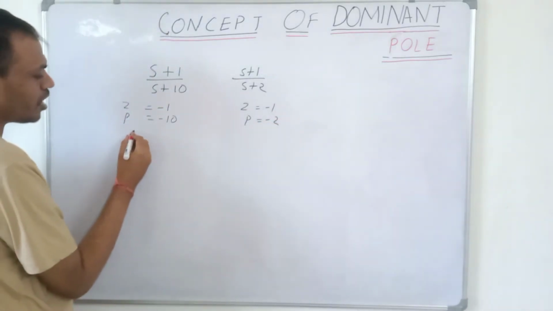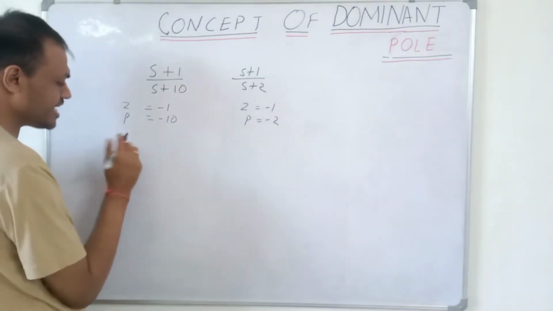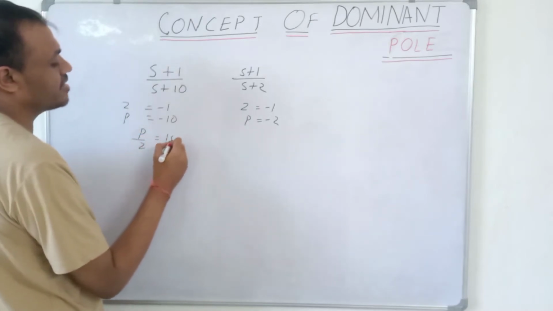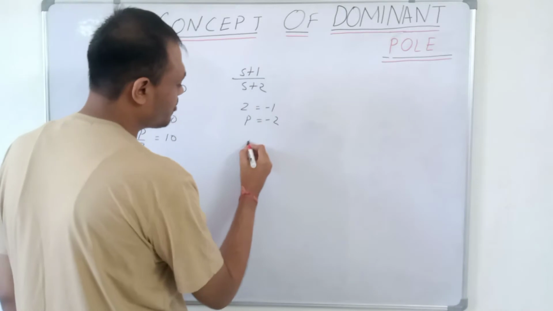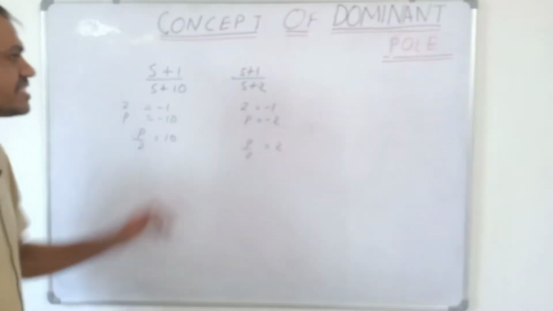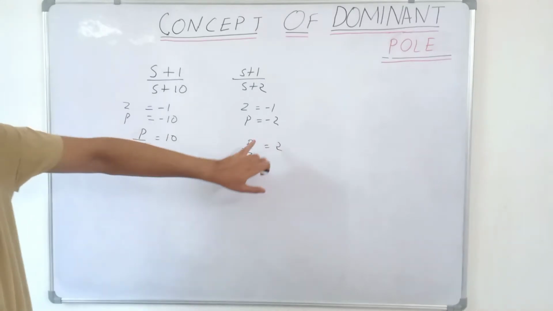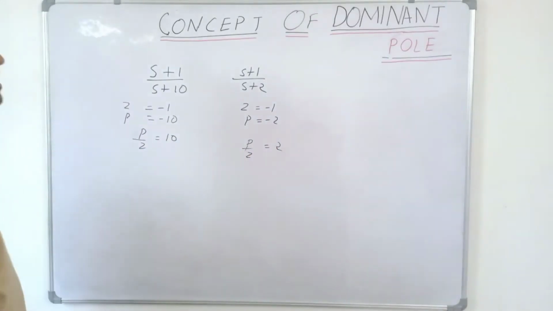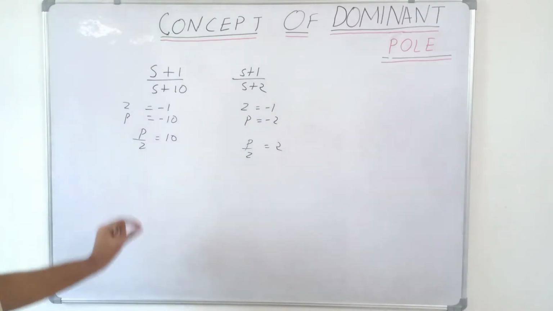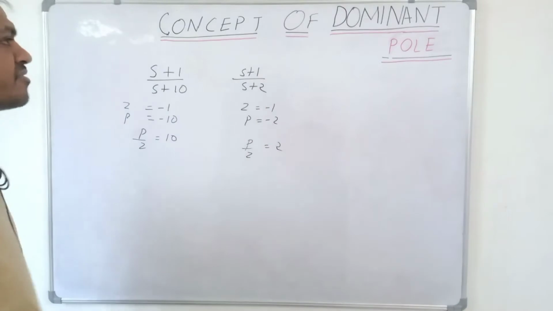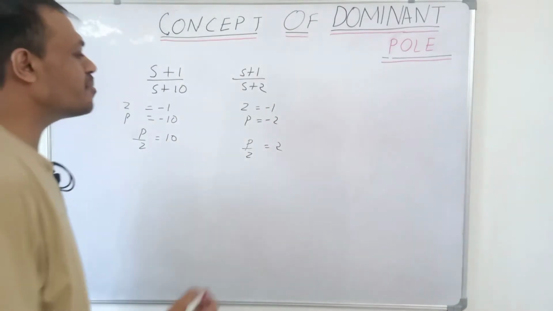So the ratio of pole upon 0 is equal to 10 and the ratio of pole upon 0 is only 2. So this pole is not a dominant pole because the ratio is only 2. If the ratio is at least 5, then only we can apply the concept of dominant pole.